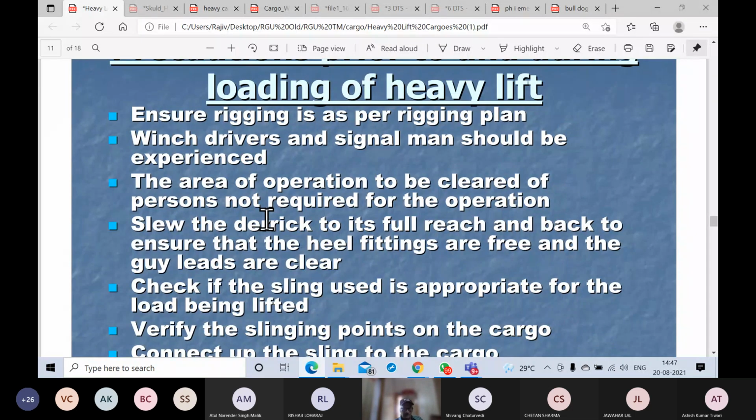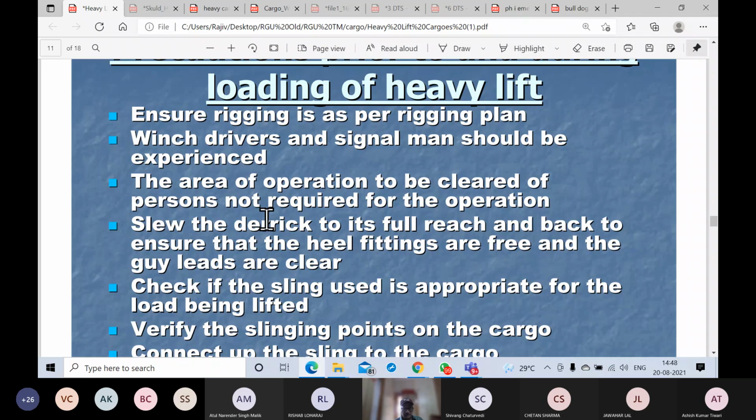Before you actually do the loading, make sure that you have tested the derrick or the crane for full reach and back, and then see that everything is clear. Heel fittings, nothing is getting cracked, etc. Try it out before you actually do it.